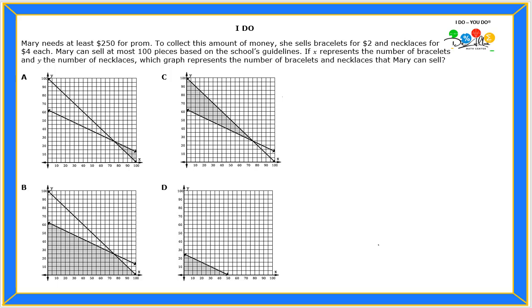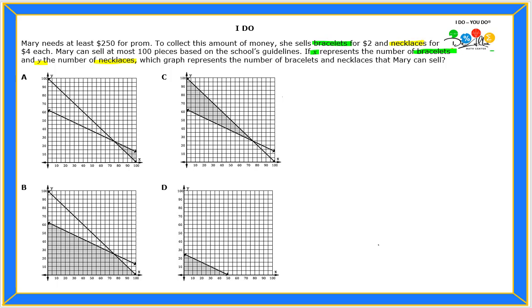Okay, so we're talking about two things, right? We're talking about the bracelets and we're also talking about the necklaces. So very important that we identify who's going to be X and who's going to be Y. On the second line, it says, if X represents the bracelets and Y represents the necklaces.